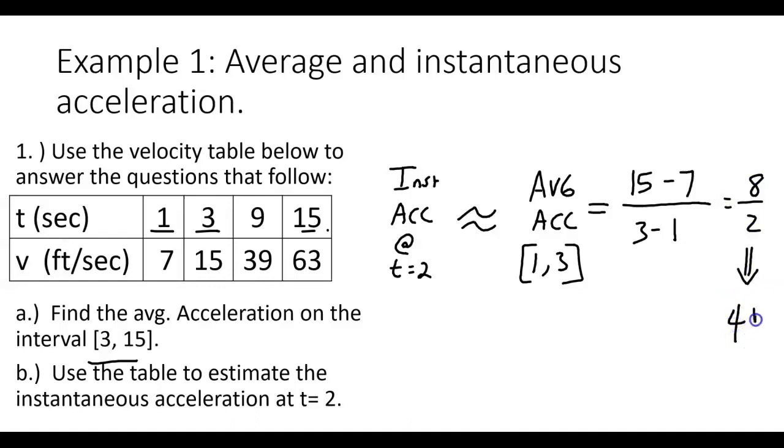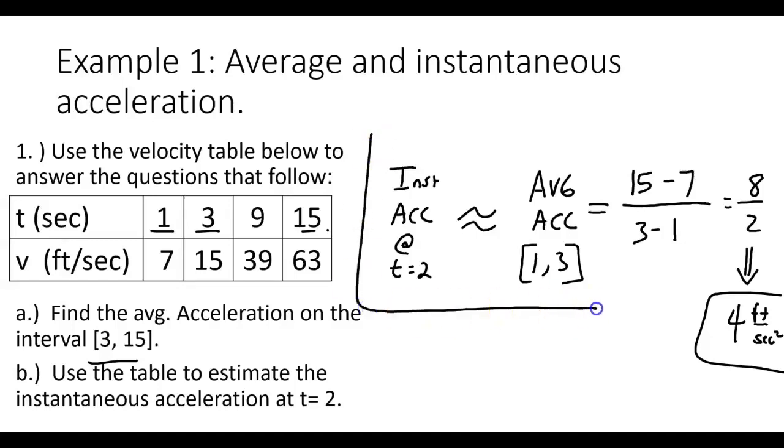It's still feet per second squared. And so this is my estimation of what my instantaneous acceleration would be at that point. On FRQs, I don't think they're too picky about this, but I think it would be wise to make sure that you write it like I have here. You don't want to just put that the answer equals 4.